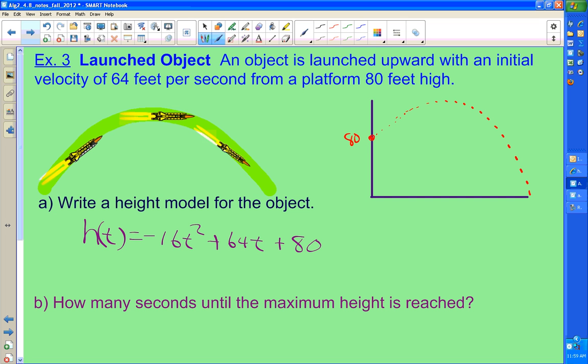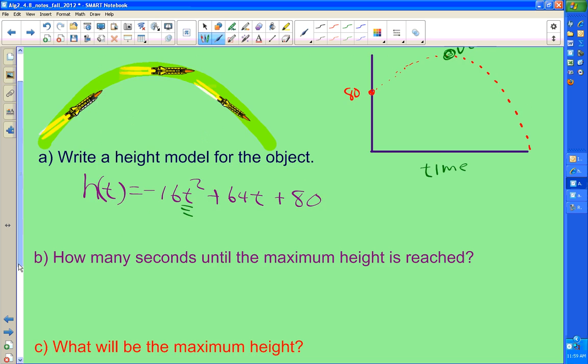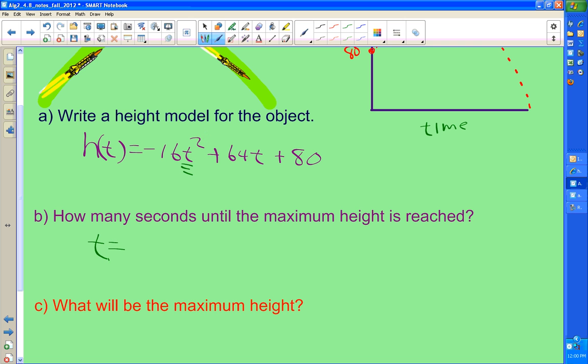That location is called the vertex. What part of the vertex are you finding if they're asking you to find the time? That's the x-coordinate of your vertex, or in this equation, the t-coordinate. How do you find the t-coordinate of the vertex? Opposite of b over 2 times a. It's going to tell you how long to get to the maximum.